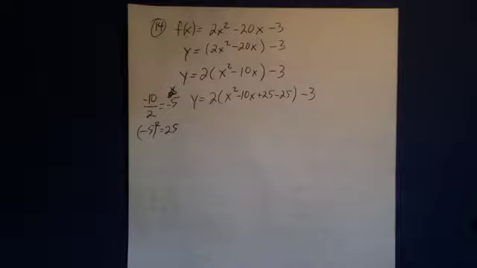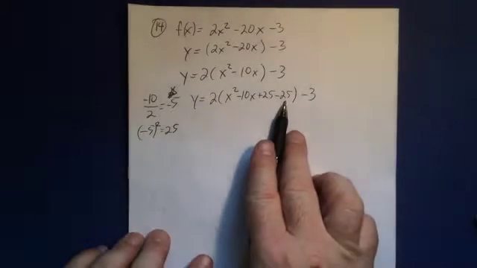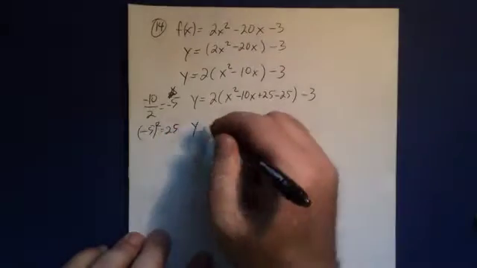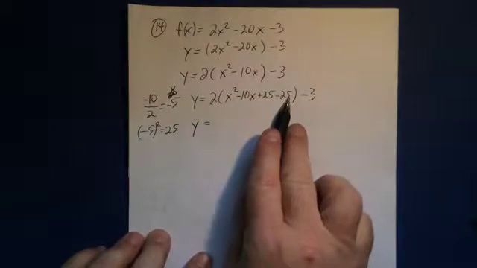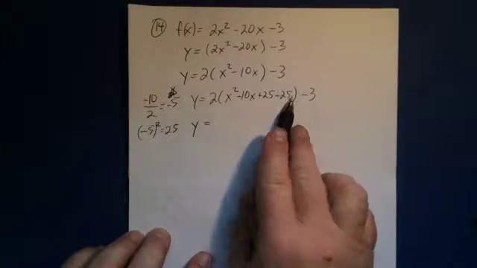Now, this next part gets a little tricky. Here's where you have to be careful. Okay? So this part's going to be a little hard for some people to see. Last time we brought out this minus 25 to combine it with the c value here. However, everything on the inside is subject to being multiplied by 2.